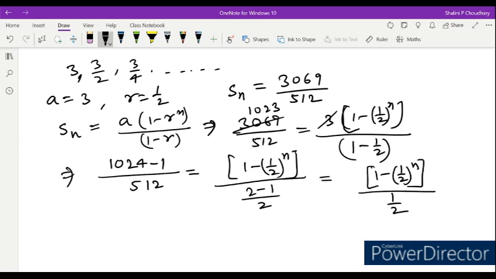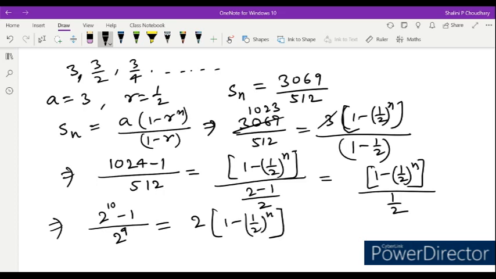So now this one, can we write 2 का power 10 minus 1 upon 2 का power 9? 512 is 2 का power 9. So we can write here 2 and 1 minus (1 upon 2) का power n.